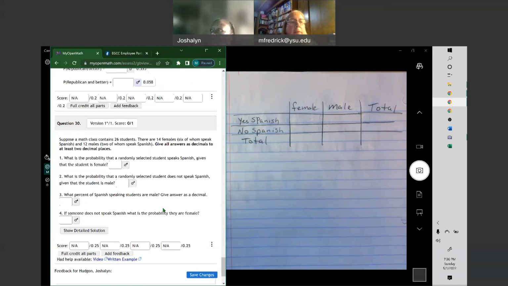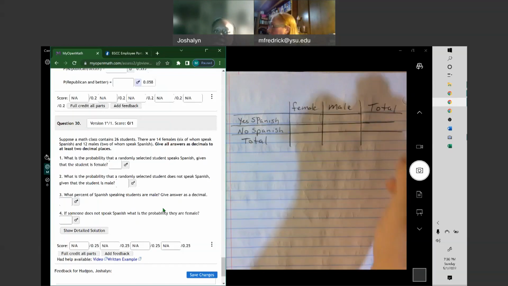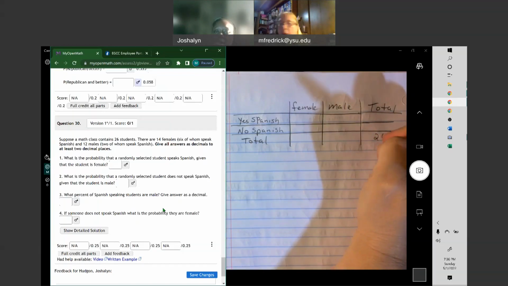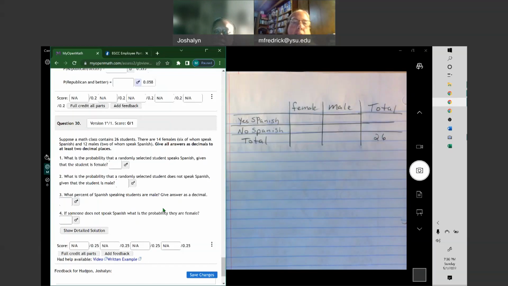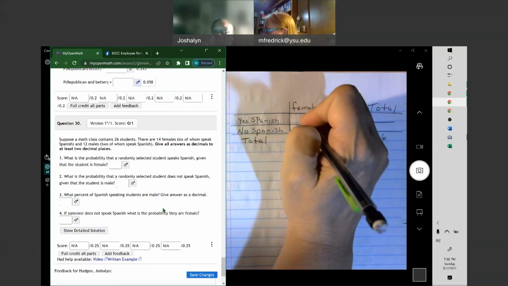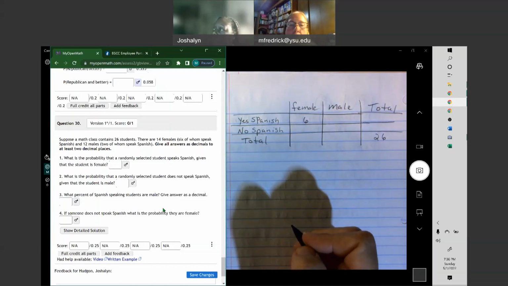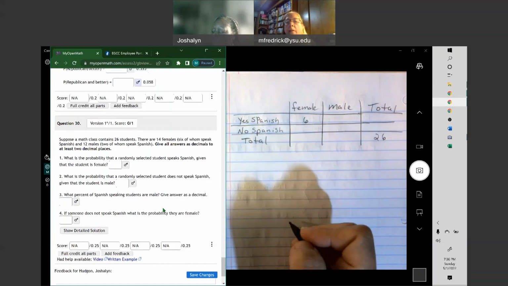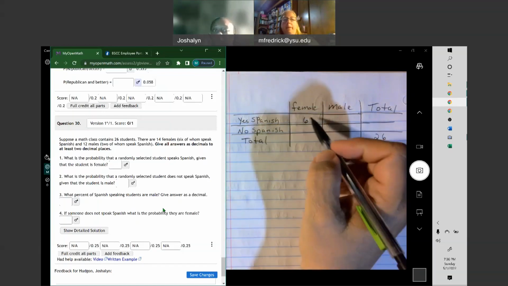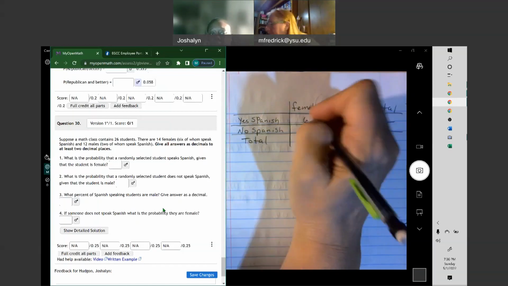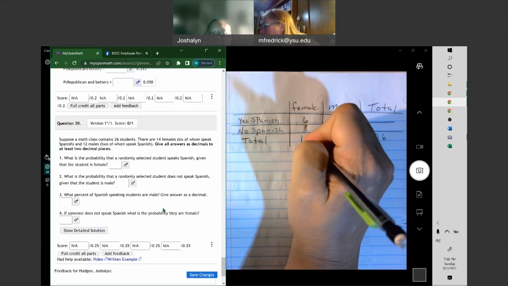Okay. Suppose a math class has 26 students. So 6 of whom speak Spanish, and 14 female. So 6 female speak Spanish. And we know there's 8 of them for a total of 14.